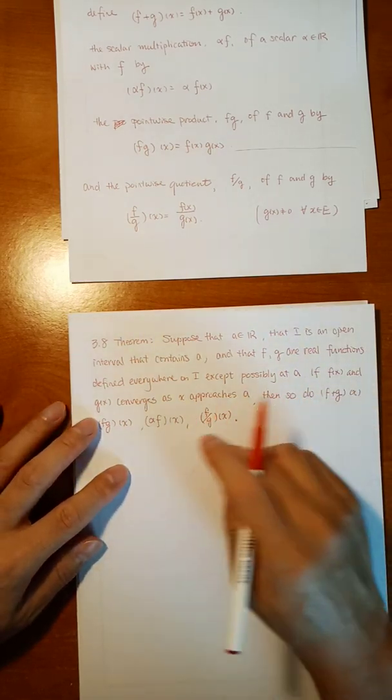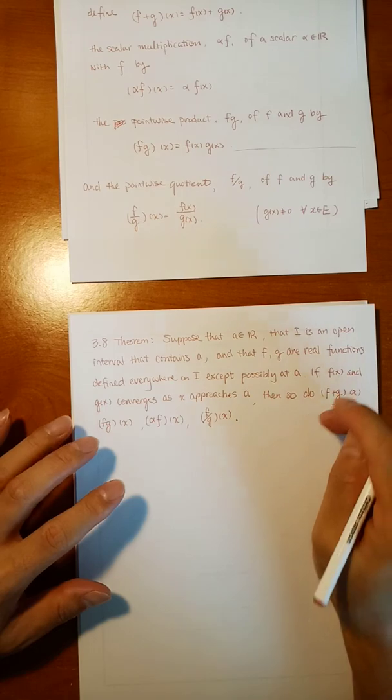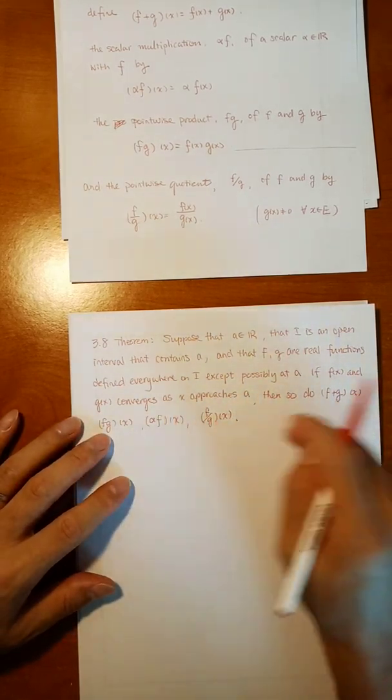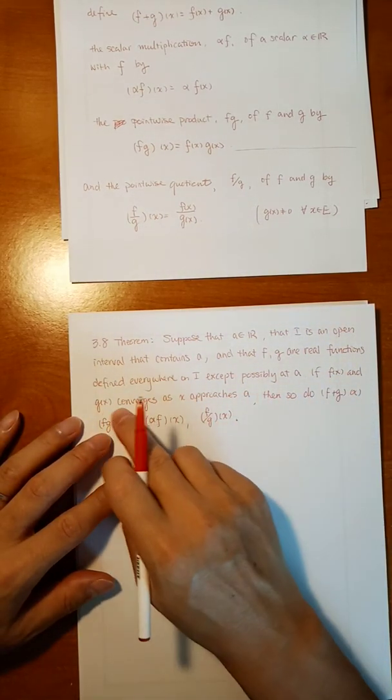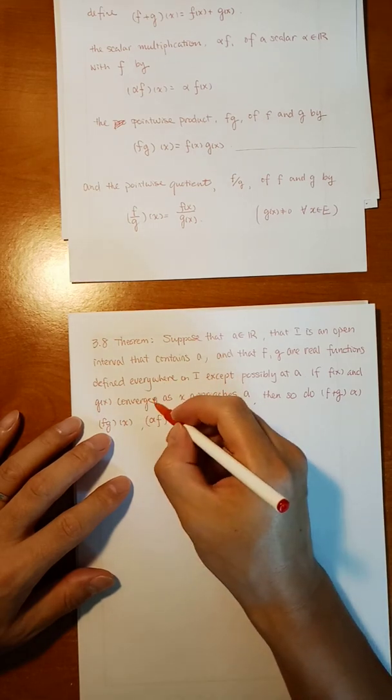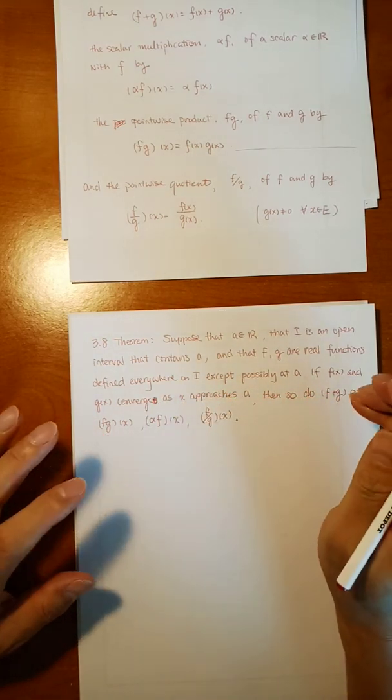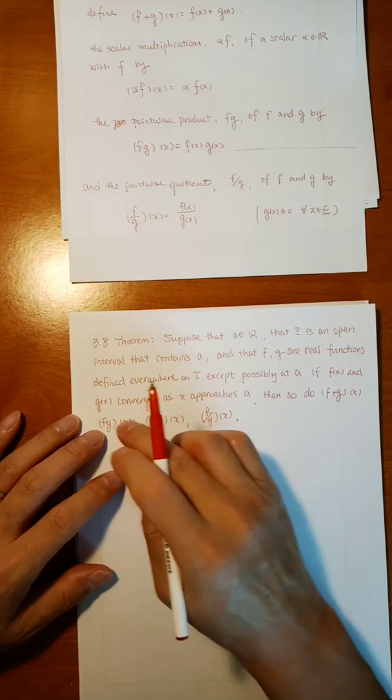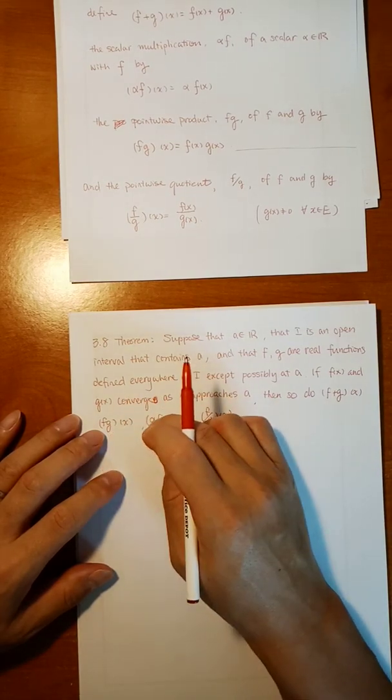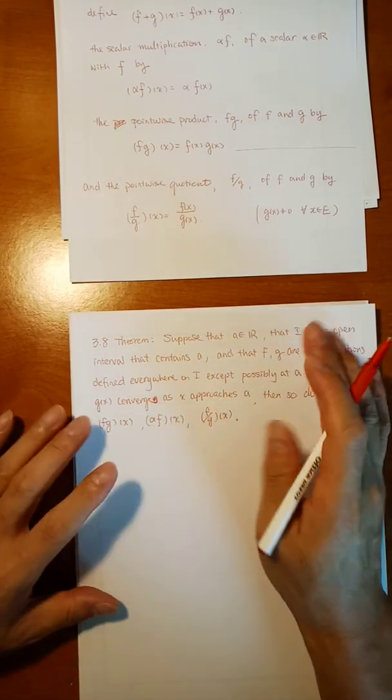So do them means they also have a limit. They also converge, right? If f and g converge as x approaches A, then the addition, product, scalar multiplication and quotient also converge.